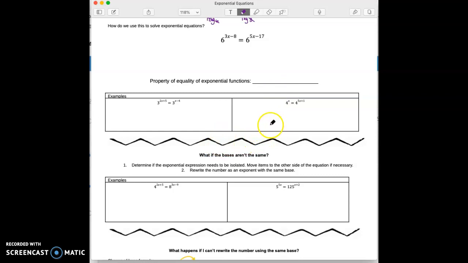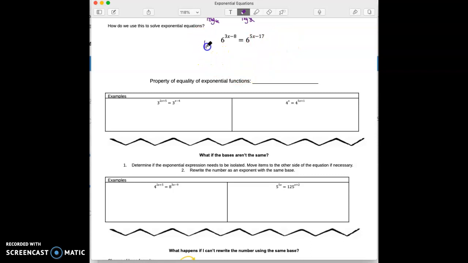One thing that you will start to get a little better with in time is identifying what strategy you're going to use where. The first one that I have an example of here is really kind of the most simple: 6 to the 3x minus 8 equal to 6 to the 5x minus 17.